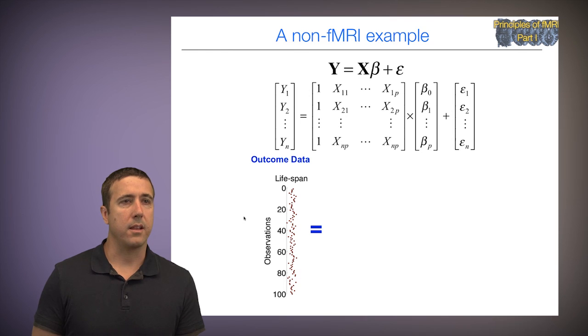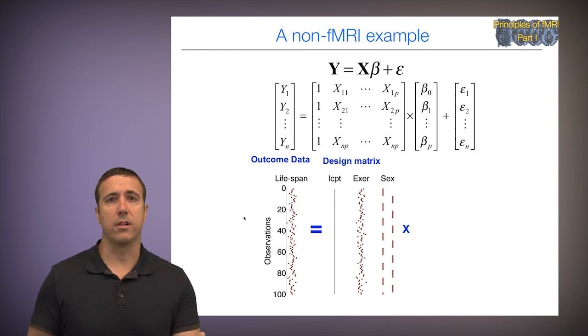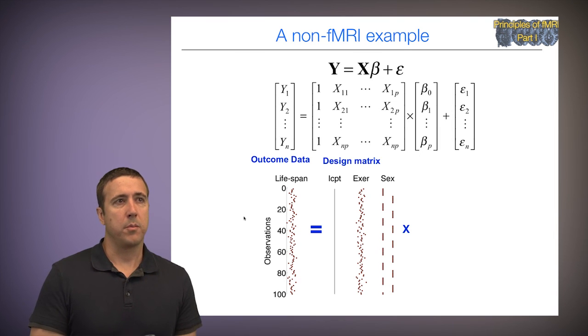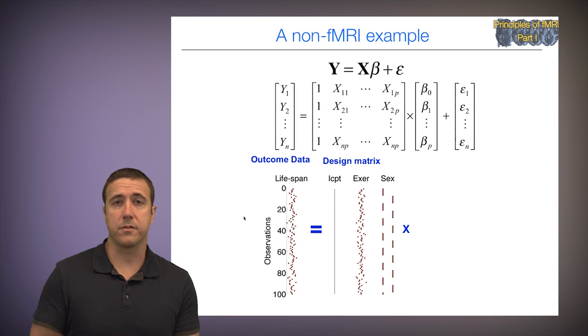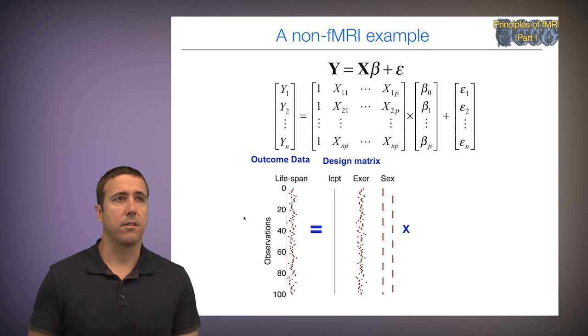And we're going to model that as a combination of an intercept, which captures the overall level across the entire data set, or in this case, the overall average age across the whole data set, plus a beta value times the exercise, which is continuous, plus a beta value times a regressor that codes for sex. So in this case, it's convenient to assign codes of 1 and -1 for males and females, or vice versa. And if we put that in as a regressor, that lets us estimate the effect of sex.